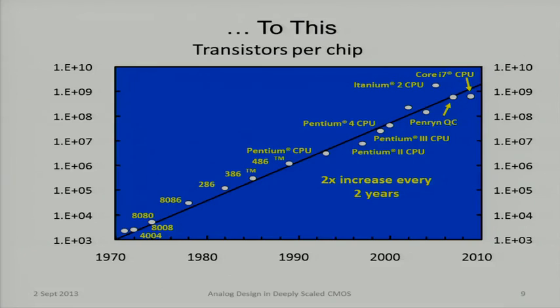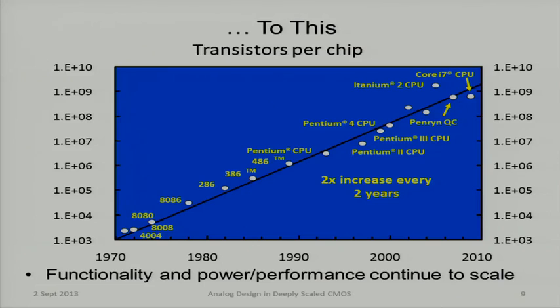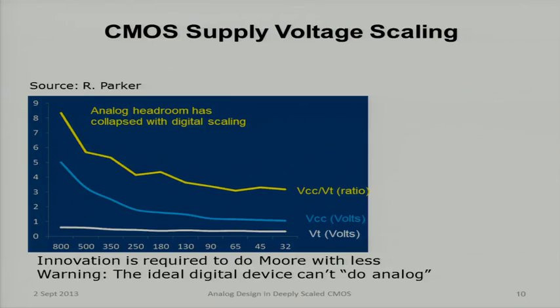Perhaps what's more important about this, because people don't buy transistors, is that as we've been raising transistor counts, we've also been increasing the functionality and improving the power performance trade-off as we go along here. Because those are really the attributes that people care about in the products. Whether you've got 100 transistors or a billion, who cares? It's the behaviors you're getting out of it.